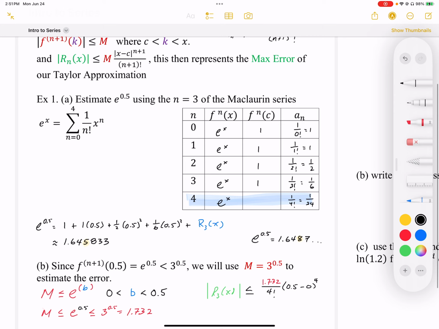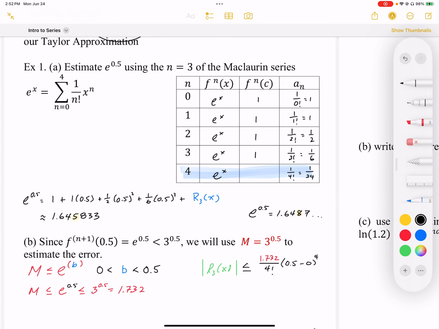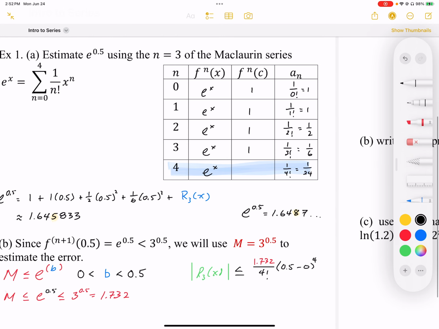I'm using this expression to calculate the maximum amount of error we can expect. Working this out, it's going to be less than or equal to 0.0045. So in our third decimal place, we can expect a plus or minus 0.45 from our estimated value.